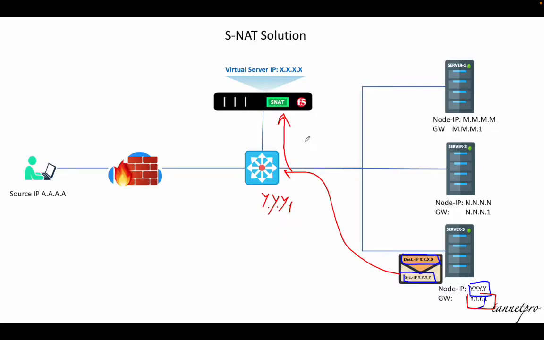That's why your server's destination is xxx. Then the packet will go to this F5 box, whereas in asymmetric routing it is not going to your F5 box, it is going directly, because it is learning the route from here only, from the core switch or firewall, or it could be your router. So once we enable the S-NAT, it will change your source in place of the actual source AAA. As the source is changed to xxx, its destination becomes xxx. Then the traffic will go to here only, right? Got it?